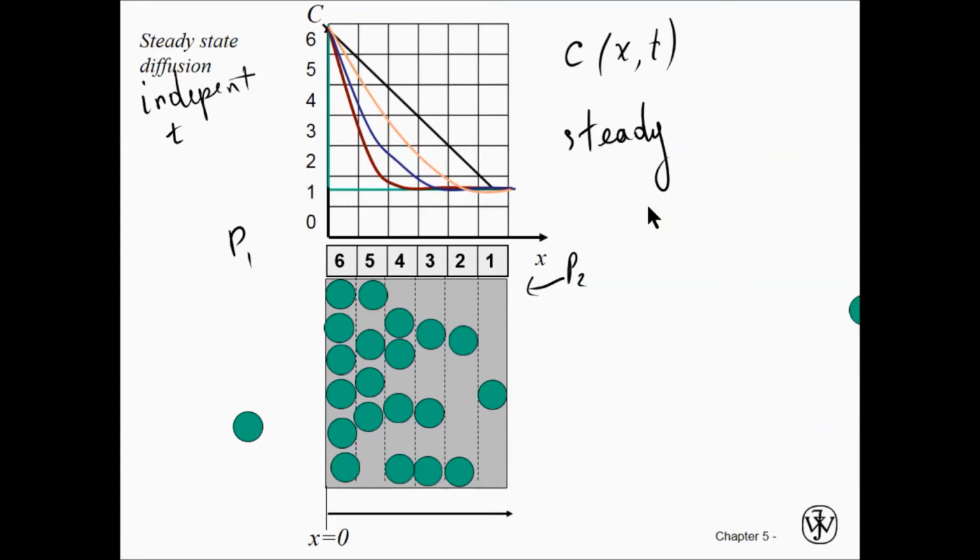So in steady state diffusion, concentration is a function of position, but it is not dependent on time. It is independent, because as you see in the animation, right now time is counting, and you see that concentration doesn't change with time. I hope that was clear.